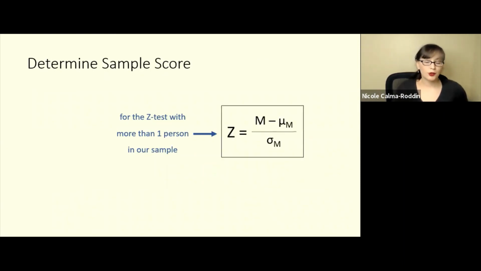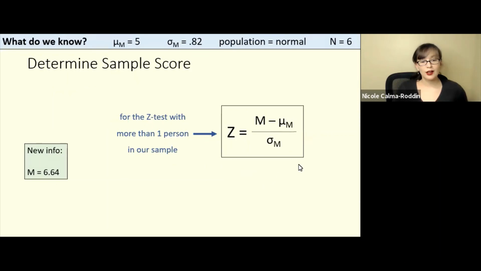Here is the formula we're going to be using. The symbols have changed a little bit. We have a mean now instead of one raw score, and the comparison distribution is changing, with these subscripts of M for the distribution of means instead of just the population.